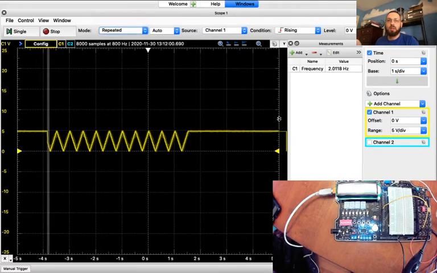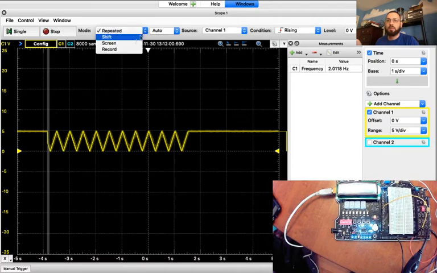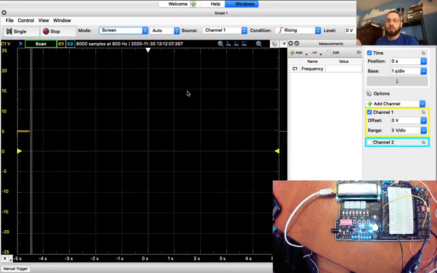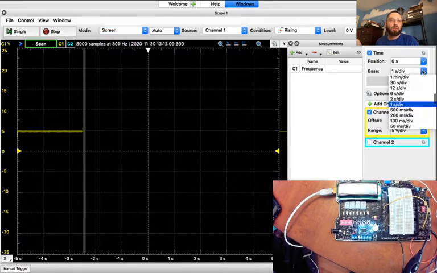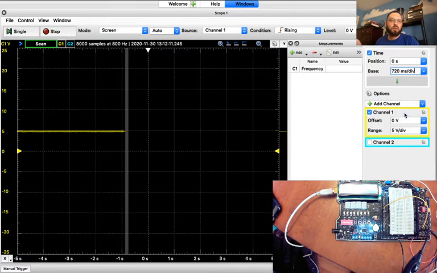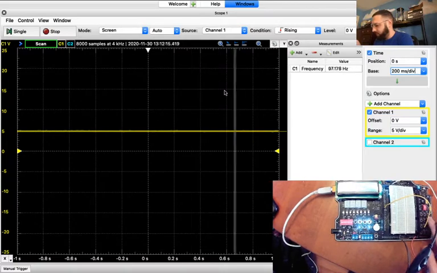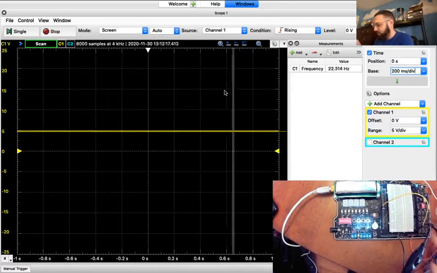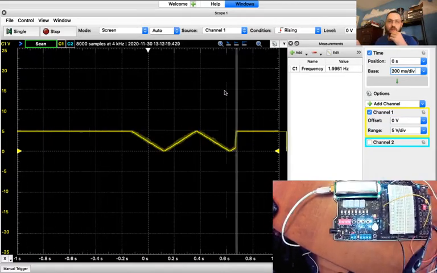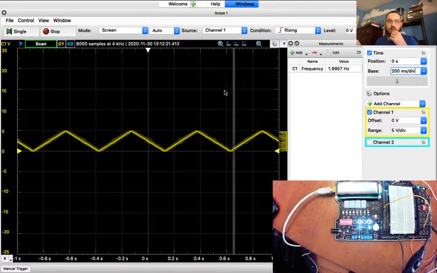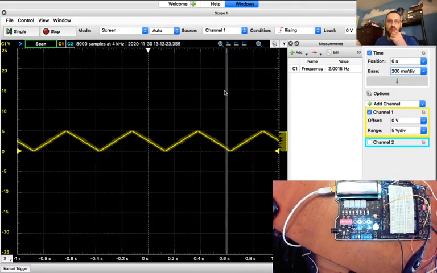Let's see that repeated. Right, so you see that 2 hertz. Really perfect.